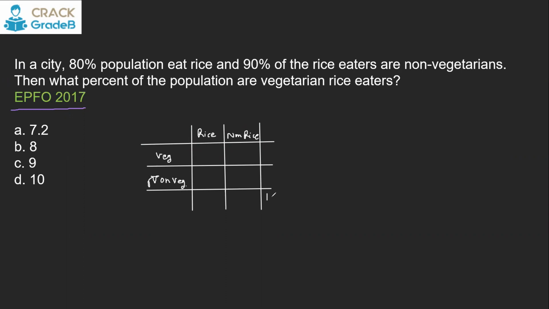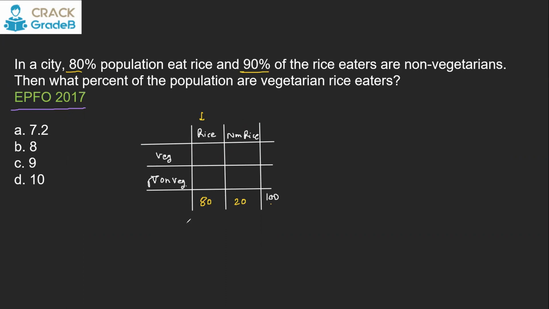Again, we consider the total people as 100. 80% of the population eat rice. So out of this 100, 80 should be the total of this complete column, rice eaters. That means the non-rice eaters are 20 in number.